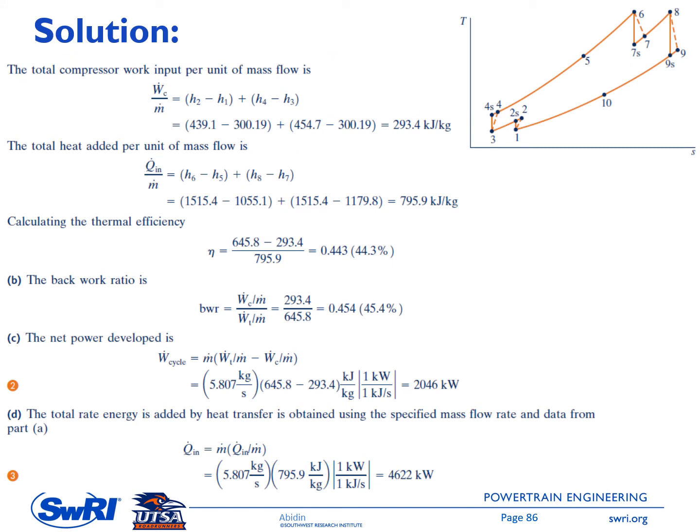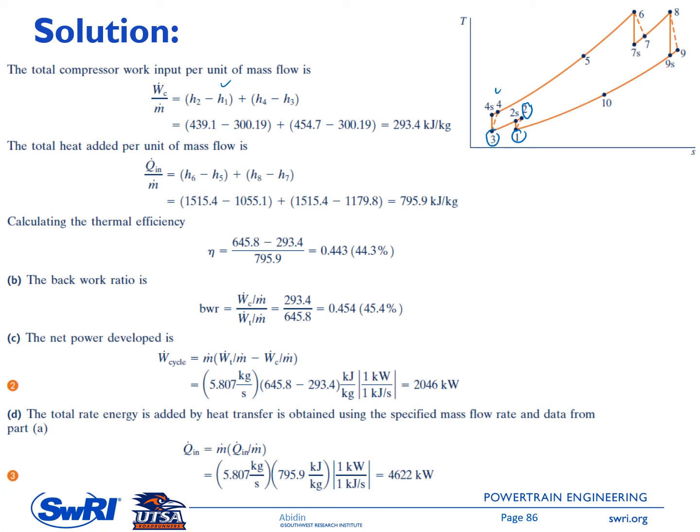The next one is to calculate the total compressor work input per unit of mass flowing. We have two compressors. From the first compressor, the work is H2 minus H1, and from the second compressor it is H4 minus H3.